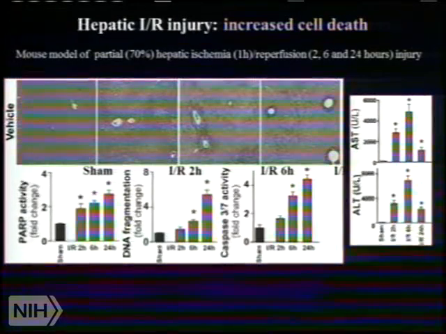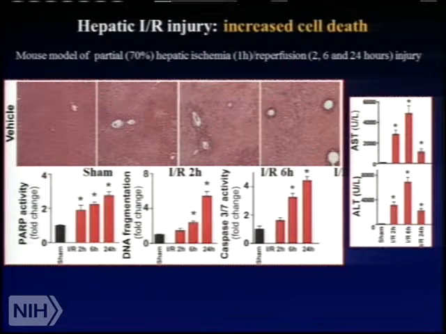AST and ALT are liver transaminases, which are released from dying hepatocytes, and these are markers of acute necrosis. You see that the peak of necrosis occurs 6 hours following injury, and then later the necrotic cell death changes to apoptotic cell death, where these liver enzymes are going down.